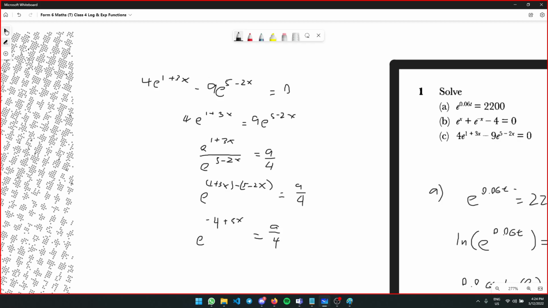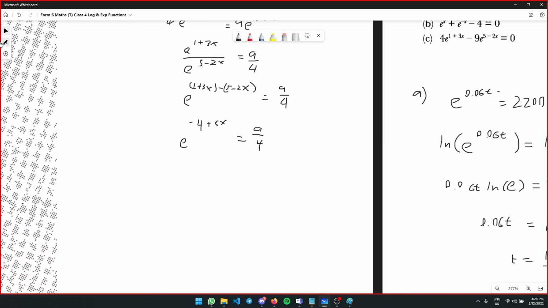I think from here it comes much easier to answer. You just make it into ln again. So that'll be ln e^(5x-4) equals ln of 9 over 4. Again, this is e to the power of 5x minus 4, so you can just take that out, and ln e is just equal to 1.